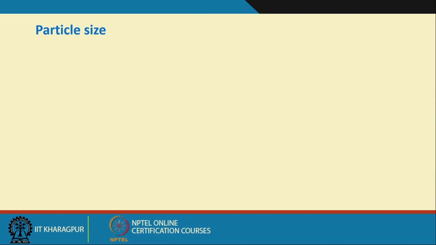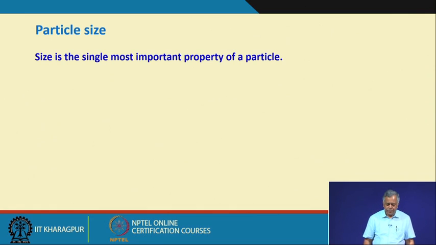This is an extremely important property. I would say that this is the single most important property of a particle. Why am I saying that particle size is the single most important property of a particle?